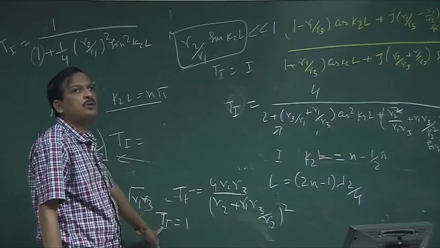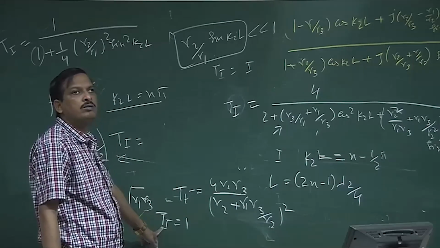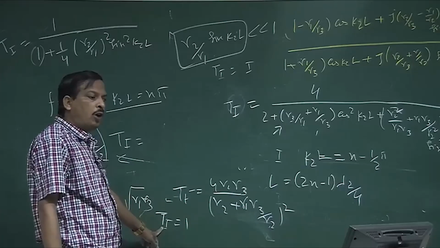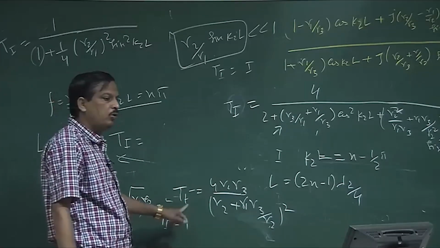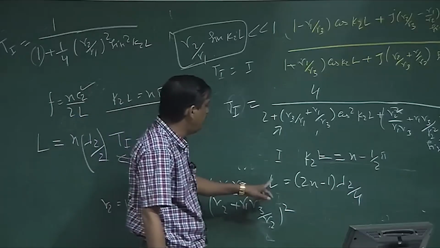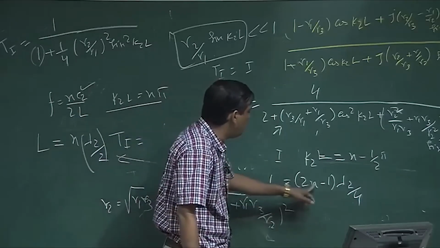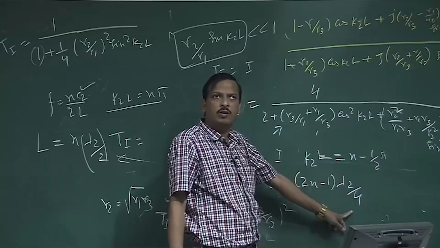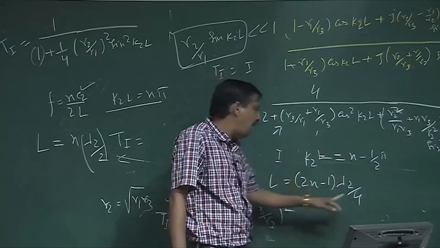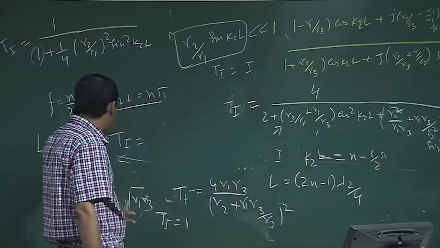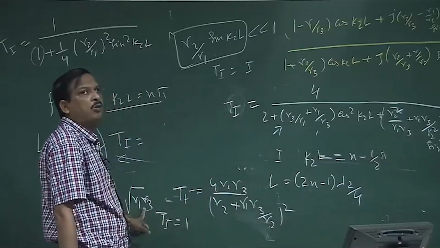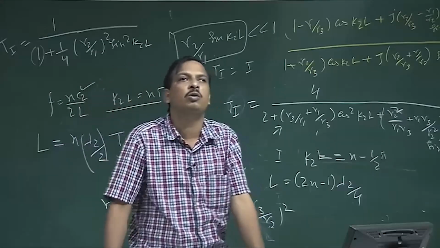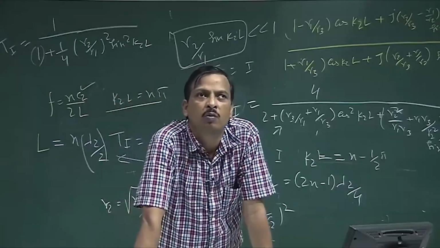Then the transmission coefficient will be 1. So, for those frequencies for which L is equal to (2n minus 1) times lambda by 4, wavelength divided by 4, and R2 is the geometric mean of R1 and R3, then Ti will be 1. For those frequencies also the transmission coefficient will be 1.